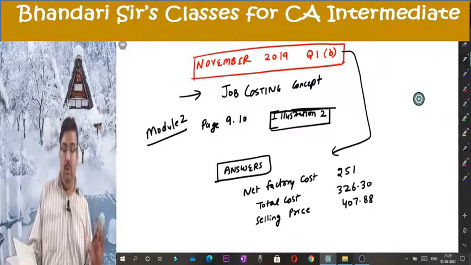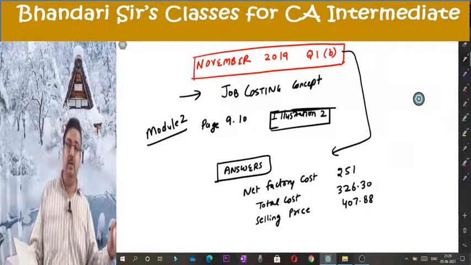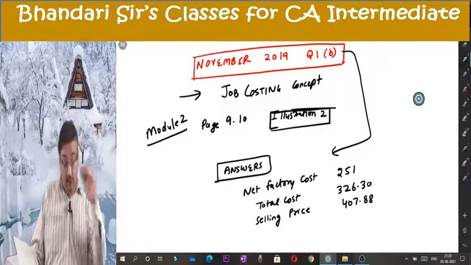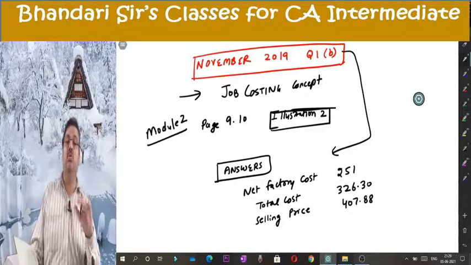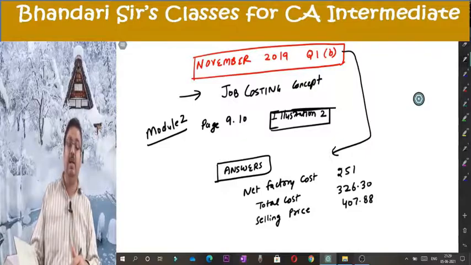So go through this illustration first, that I will just explain now, and then do this question November 2019 question 1B and get the same answers as I have given here.